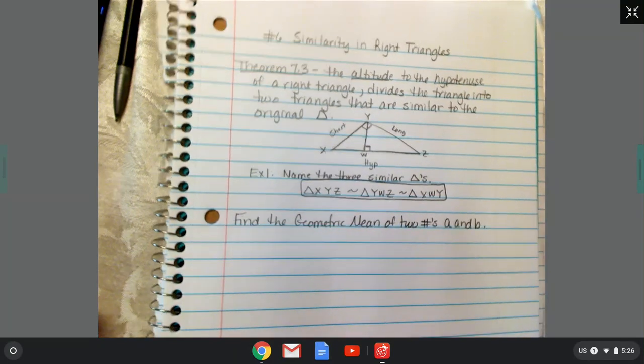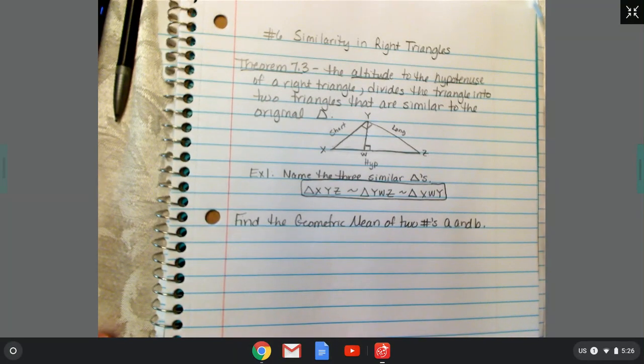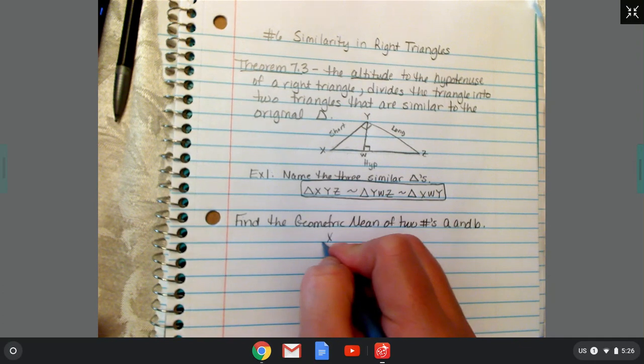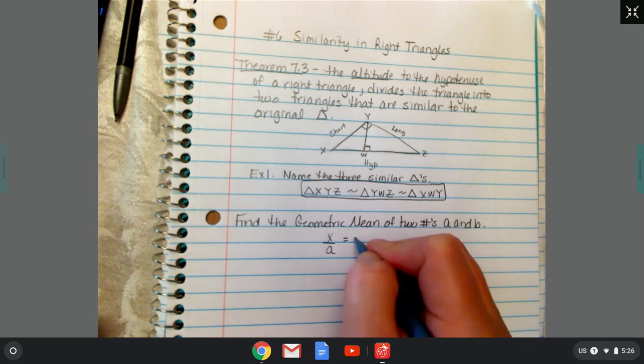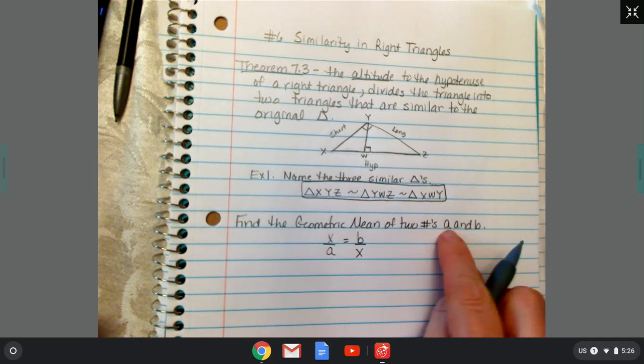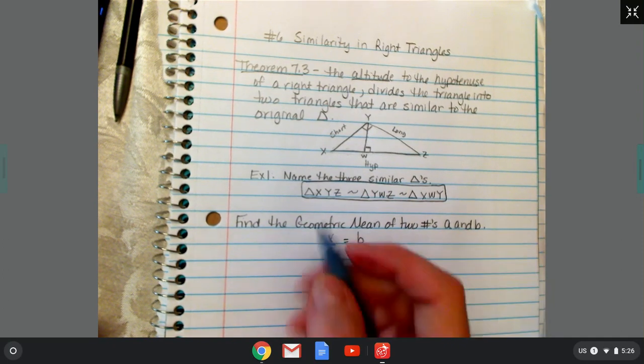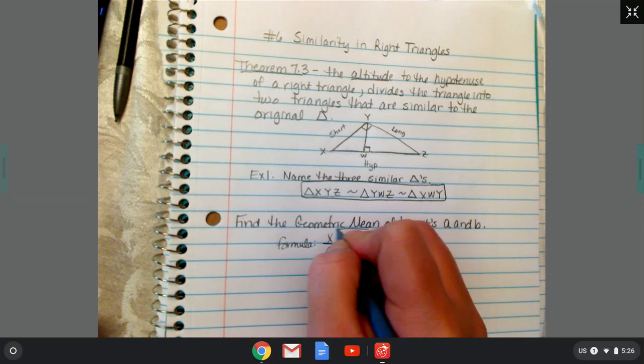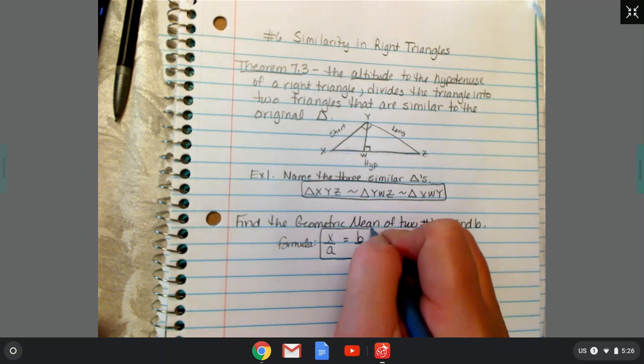Arithmetic mean, you would add A and B together and divide by 2. Geometric mean is different. It's actually dealt with in a proportion. So it's like this formula. X over A equals B over X of your two numbers, A and B. Okay, so there's your formula. And then we'll see what the usefulness is of geometric mean later.